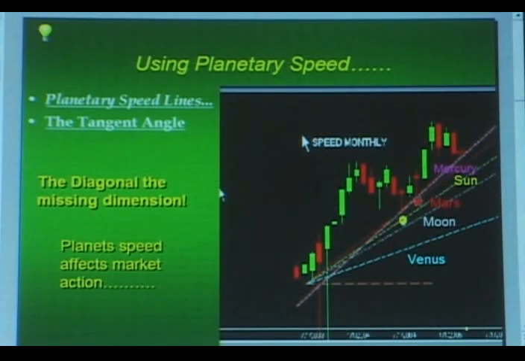It has followed the Sun-Mercury trend line all the way up and has yet to take it out. So if you knew that Sun-Mercury was a valid planetary speed diagonal, then you would be long, literally, until the price crosses and closes below the Sun-Mercury planetary speed line. Again, quite a unique concept, and I think quite powerful.